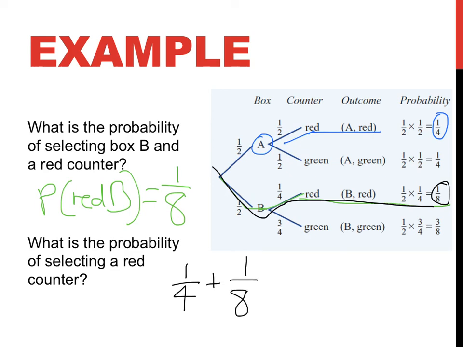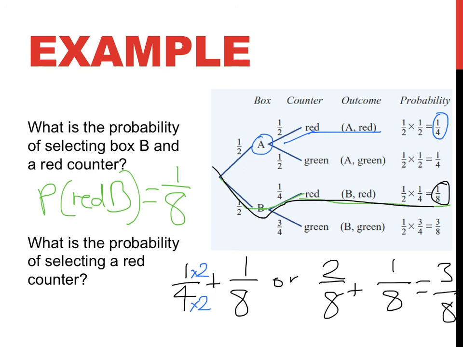There are two ways to do this. If you want to do this in your head, guys, remember with adding fractions, I need to find a common denominator. So I could change this to a denominator of 8, because that's common. What have I done from 4 to get to 8? I've timesed it by 2, so I have to times the top by 2. So it's 2/8 plus 1/8 to get me 3/8.